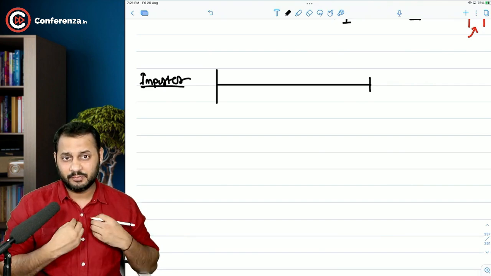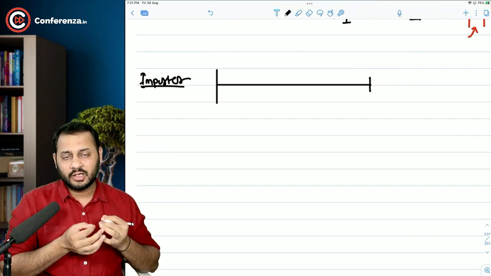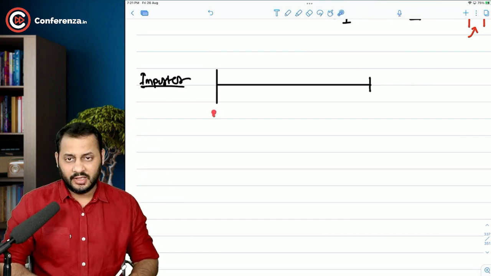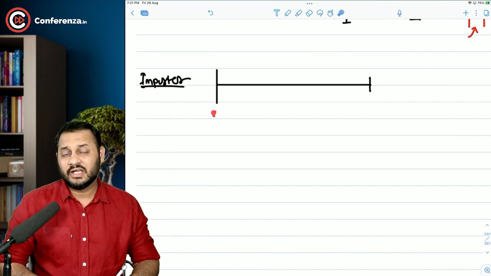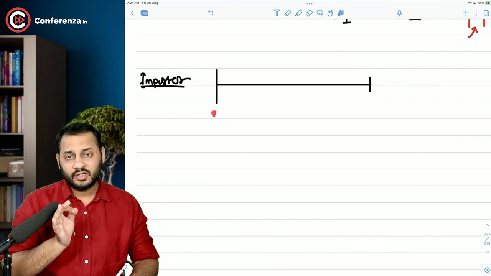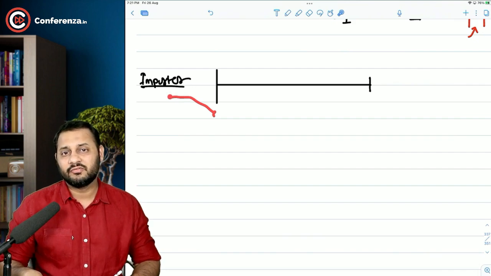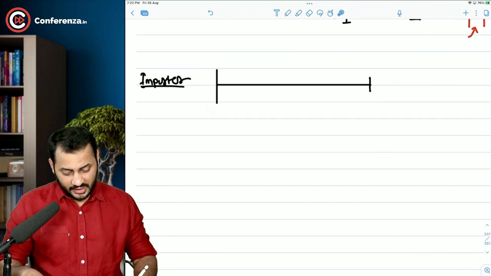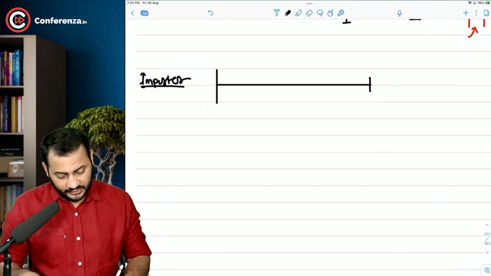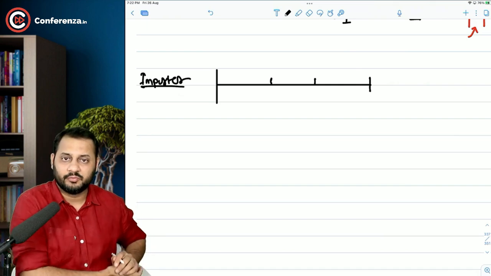We are the bank. Now the importer will come to us today and will ask for an agreement in a forward contract. He wants to buy foreign currency from us, and the due date is 3 months from now.